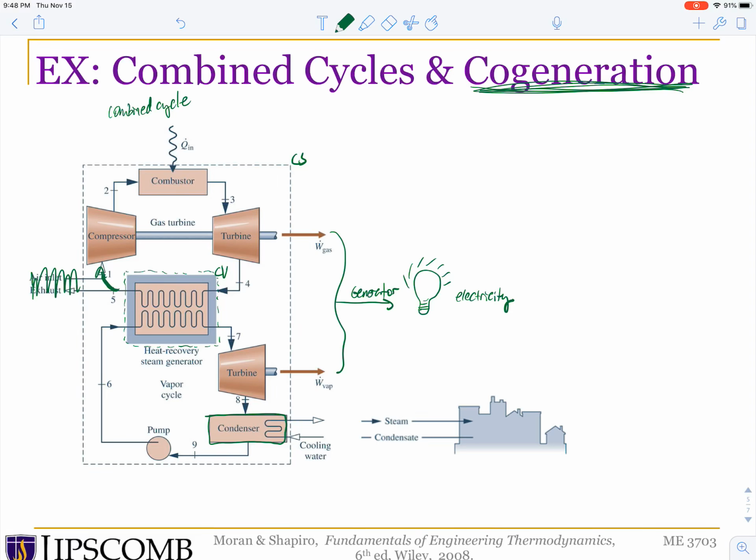But what I can do in that case is have another cooling loop that takes the energy out of my condenser. And then that other fluid loop then goes from liquid condensate to steam, and that steam is then used for some sort of process or industry. So again, this is called cogeneration.